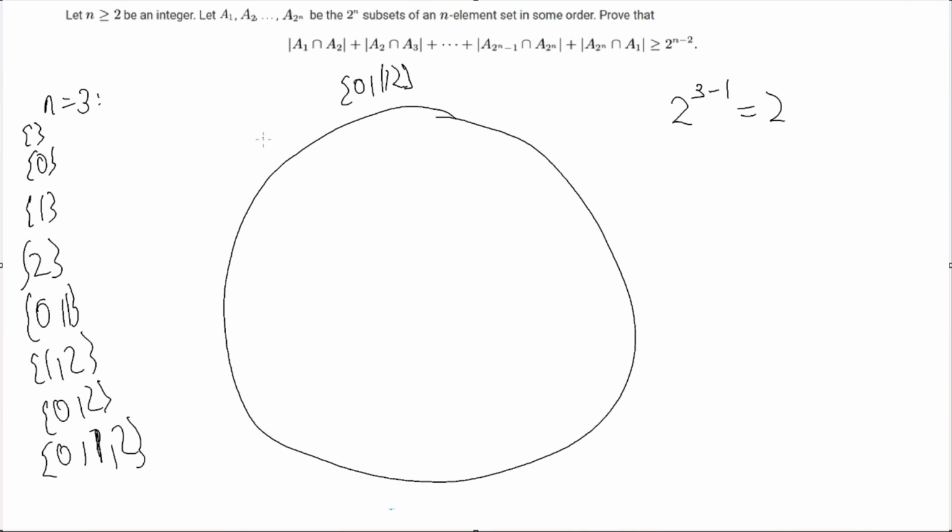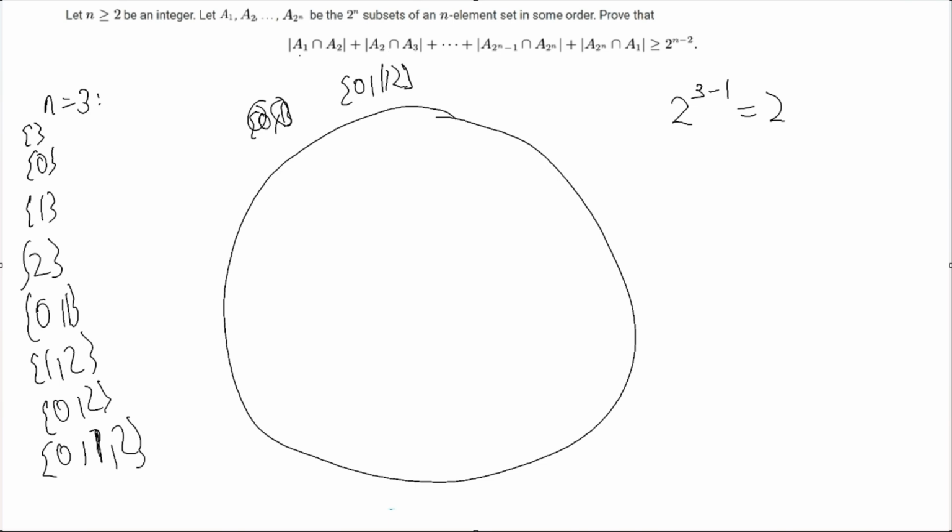Then if we have two elements here, or two sets here, then the size of their intersection with 0, 1, 2, well, it's just going to be the size of that set. For example, if I have 0, 1 here, then the size of the intersection is just the size of 0, 1, because these two elements here are both in common.